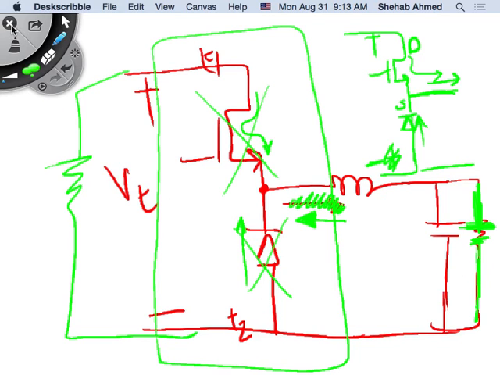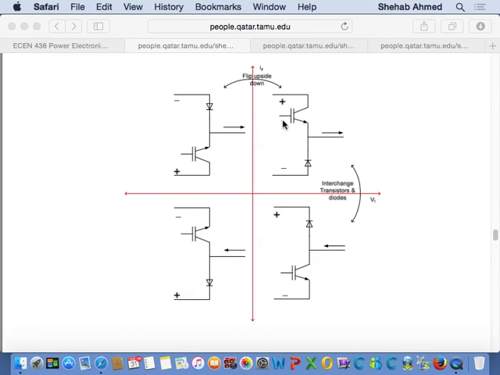So one trick to do it without going through this logic is this table here, okay? If your throw voltage polarity is positive, meaning this throw is higher voltage than this throw, and current is going out into the load, into the pole, right? Then you can use this circuit.